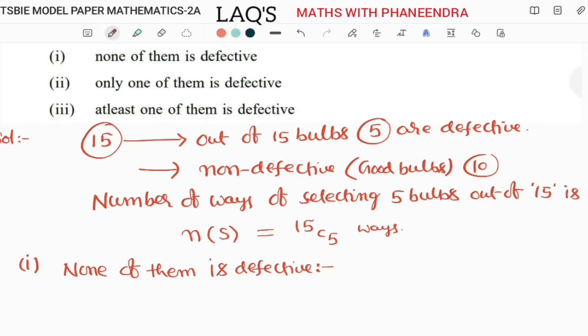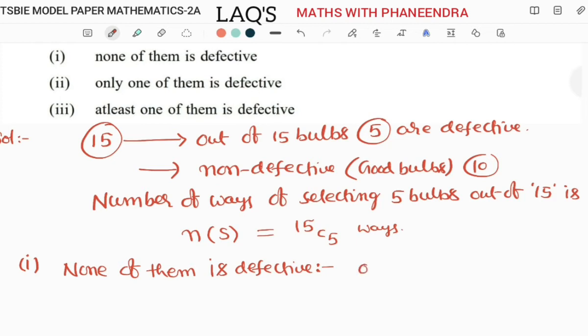So how many defective bulbs are there? 5. How many good bulbs are there? 10. So for none of the bulbs to be defective, all the 5 bulbs must be selected from 10 good bulbs. So none of them is defective means non-defective bulbs we can take.